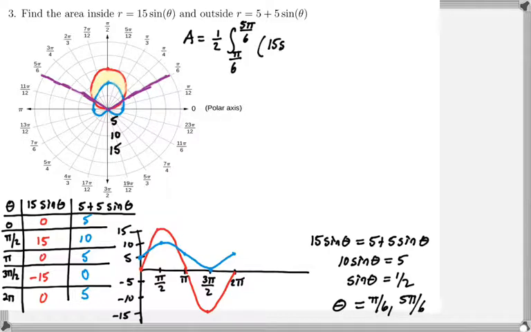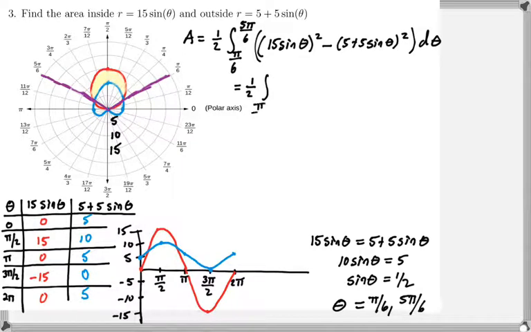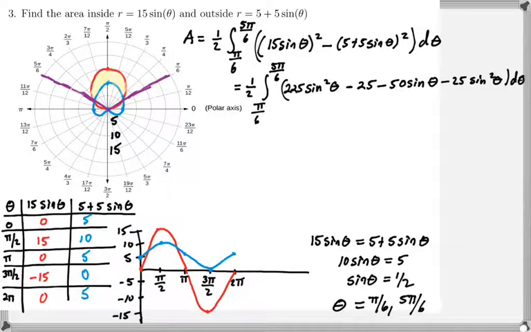And you have your outer function, 15 sine of theta, minus your inner function, each one of those respectively r squared. Okay. Alrighty, so we're going to have to expand that out. So we're going to have 225 sine squared minus 25 minus 50 sine of theta minus 25 sine squared theta d theta.